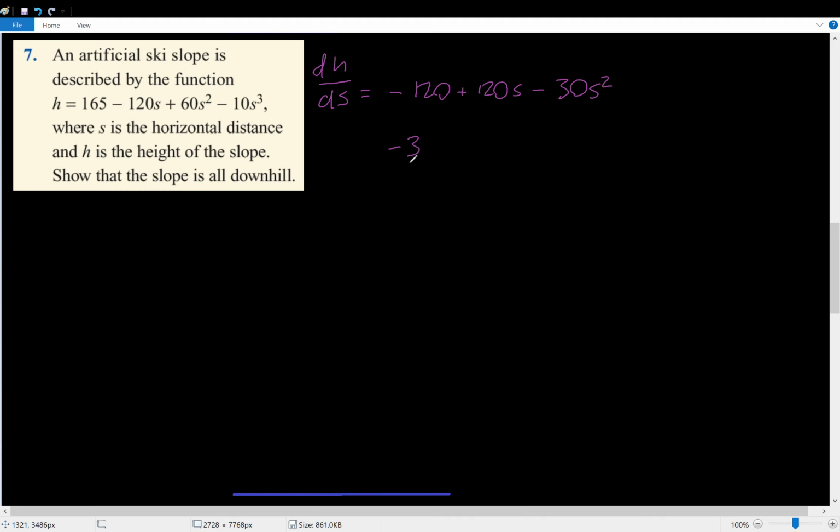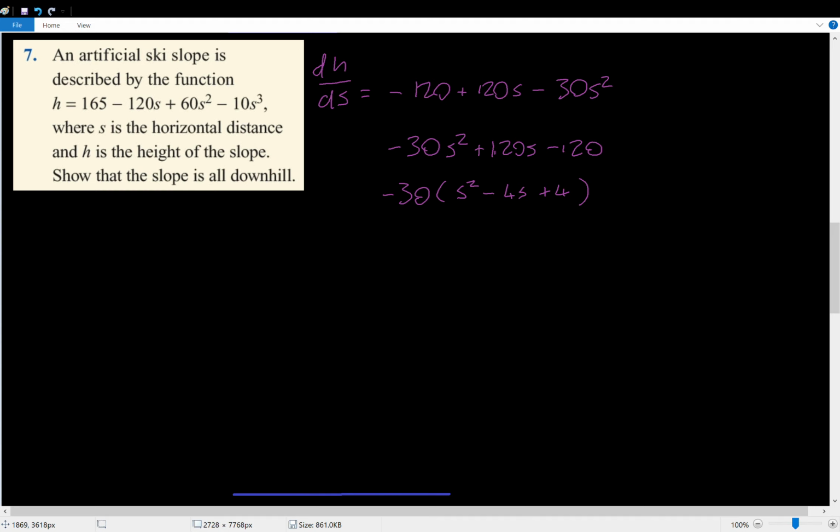So minus 30s squared plus 120s minus 120. And now we're going to factor out minus 30. And inside we're going to have s squared minus 4s plus 4, like that.